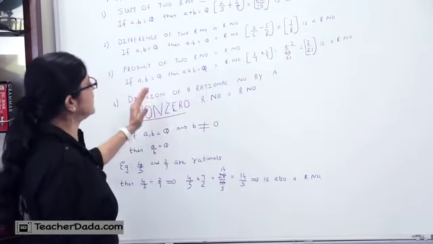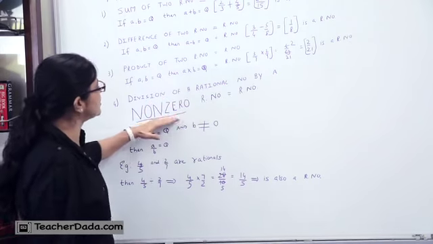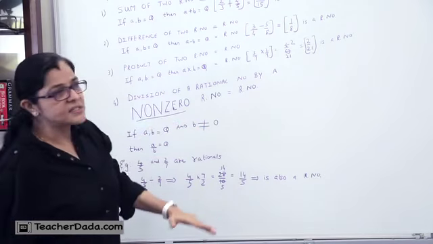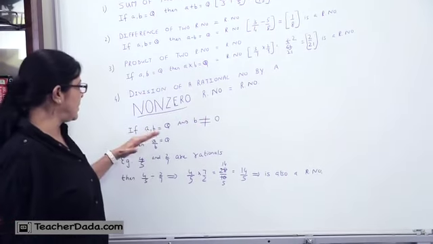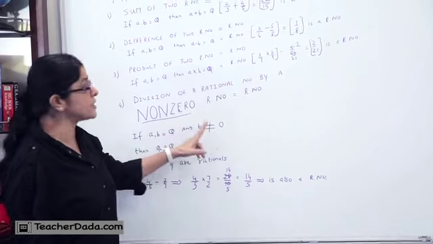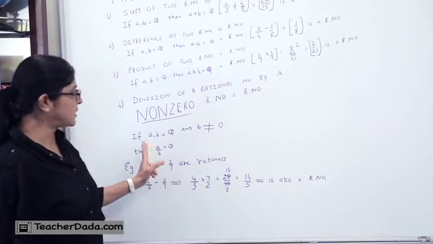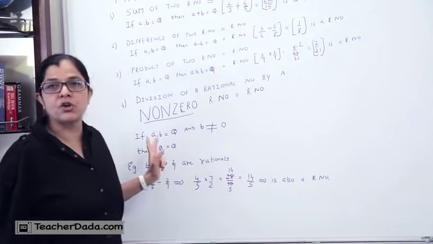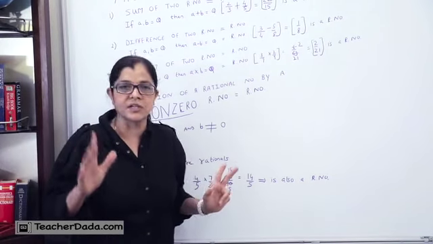And the last, the division of a rational number by a non-zero rational number is a rational number. Let's see what it means. For example, if A, B belong to Q, whereas B is not equal to 0, the condition is that B cannot be 0. As I told you, P upon Q, where Q is not equal to 0.